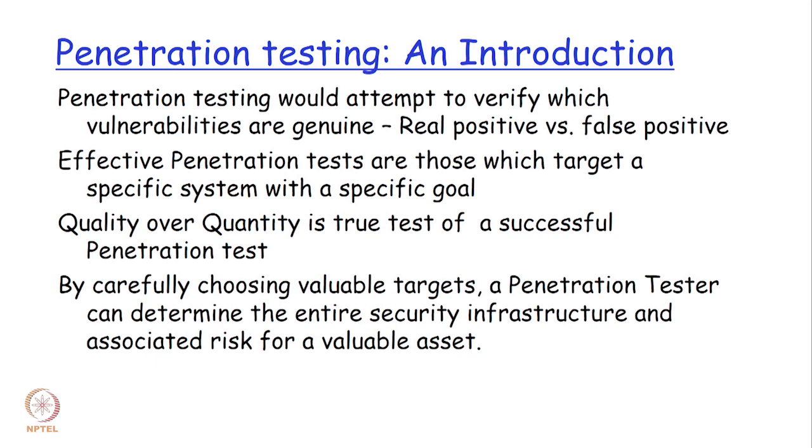We attempt to verify which vulnerabilities are genuine. While we can find an initial list of vulnerabilities, some of them will not really turn out to be security issues, but what we refer to as a false positive, wherein the issue is not what it is claimed to be, possibly because at that particular instant of time it was acting as a vulnerability.